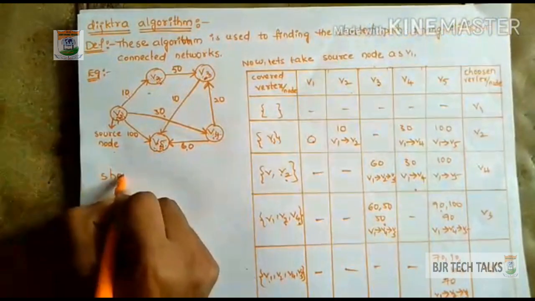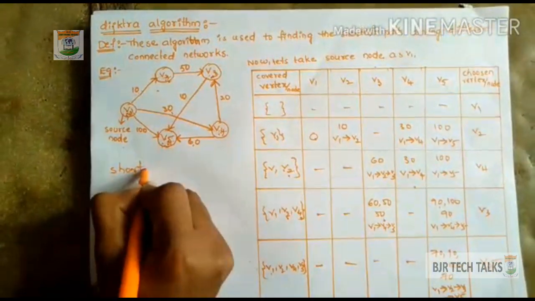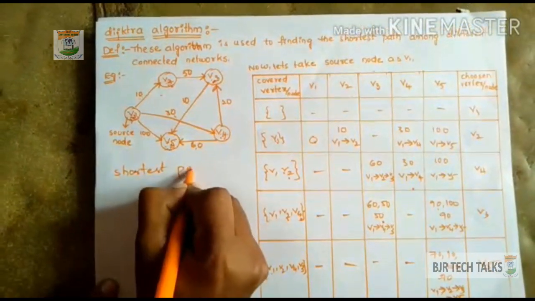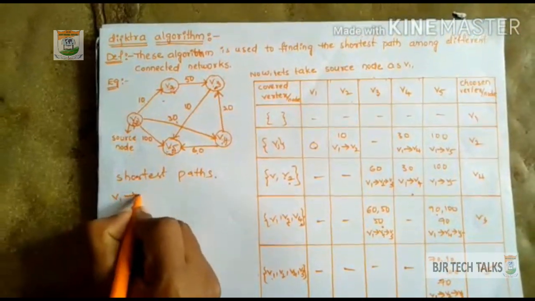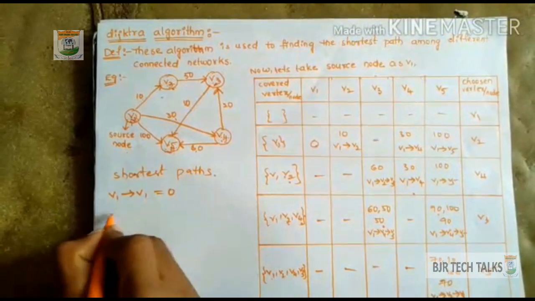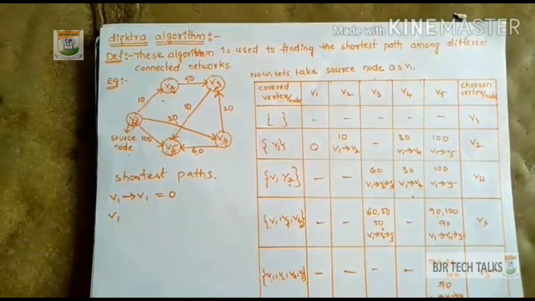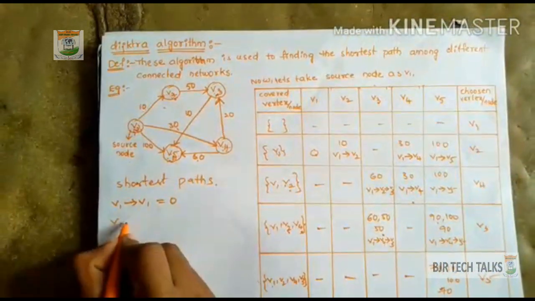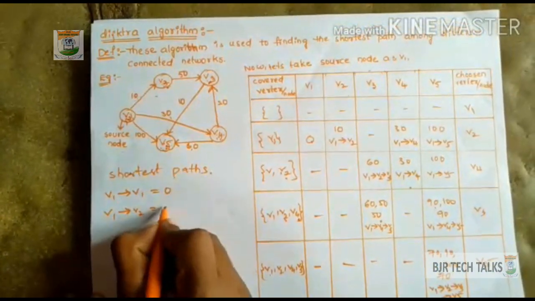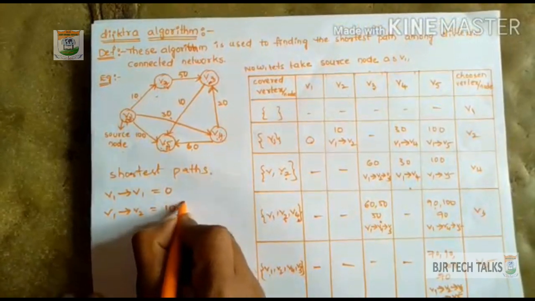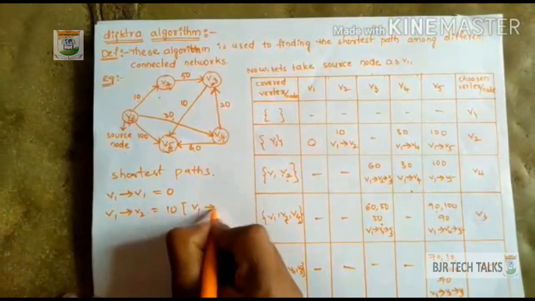Now we write the shortest paths. V1 to V1 is 0. V1 to V2 is 10, with routing V1 to V2.